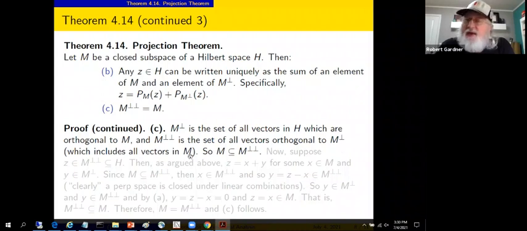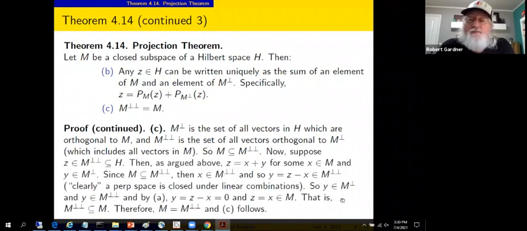Well, that includes all the vectors in M. So we immediately have M as a subspace of M perp perp. Maybe pause the video and ponder on that. It's not very profound, but it might take a second to sink in. And we're halfway there. We just need to reverse that inequality, or I'm sorry, that subset inclusion.